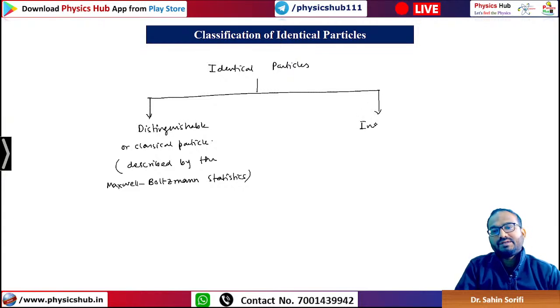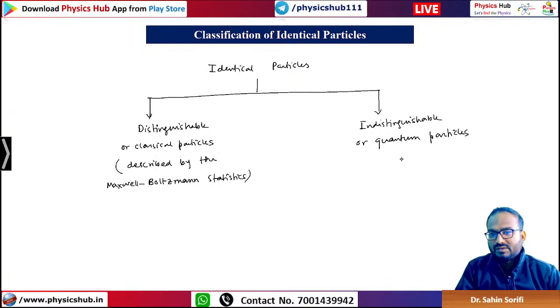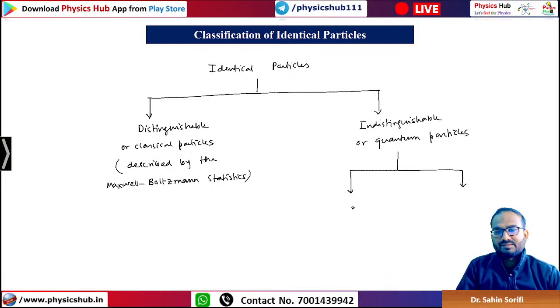Another is indistinguishable. All the quantum particles are indistinguishable. And these quantum particles follow two types of statistics. They may be bosons or they may be fermions.